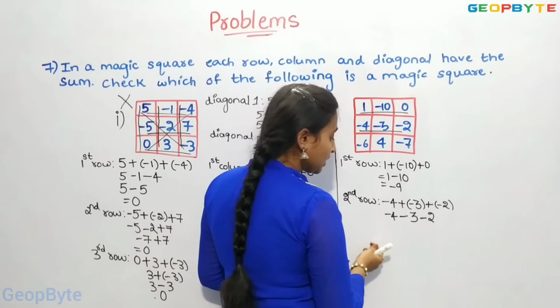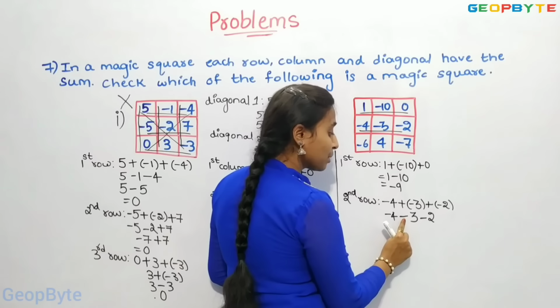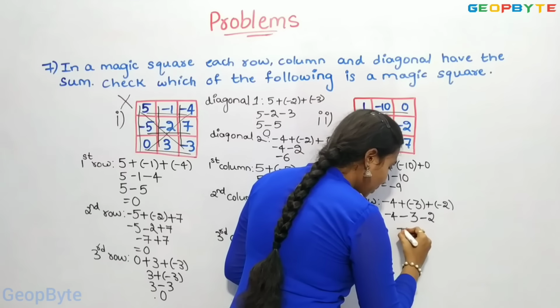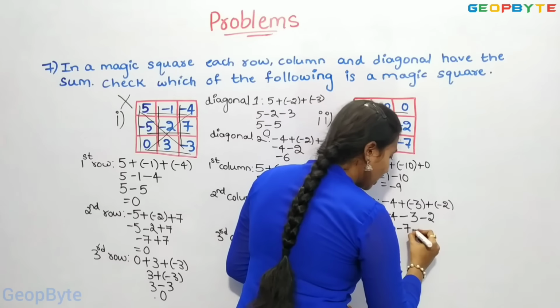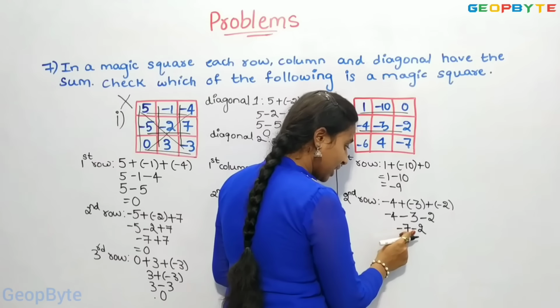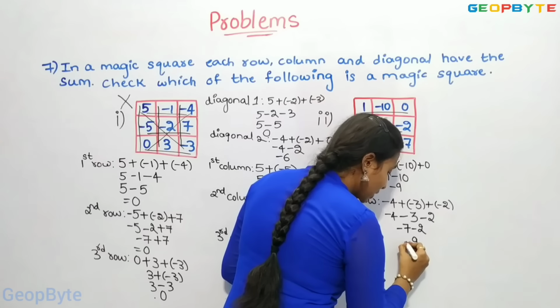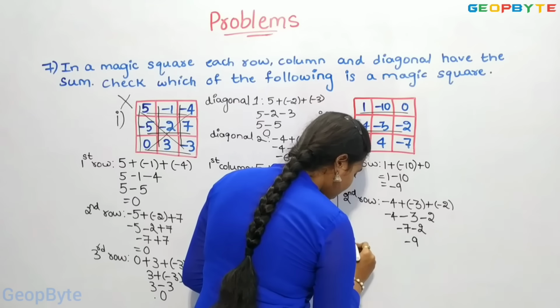Now first let us add these two numbers. Minus into minus plus 4 plus 3 7. The symbol remains minus. Minus 7. The leftover number is minus 2. Again minus into minus plus. That is 7 plus 2 9. Symbol remains minus.